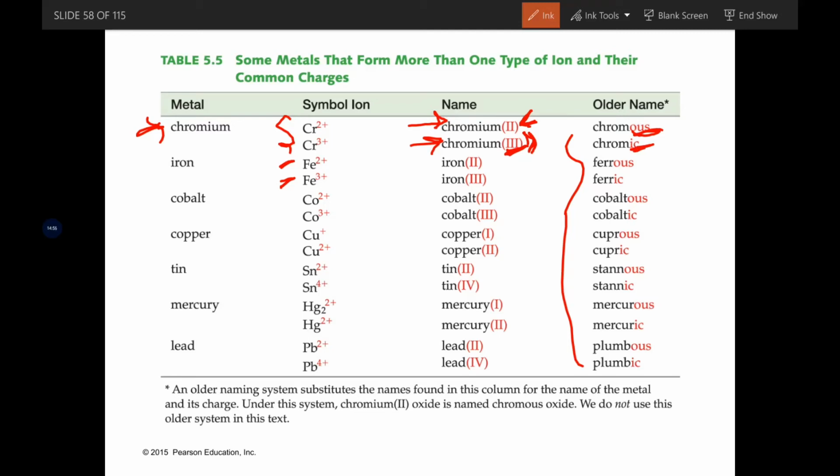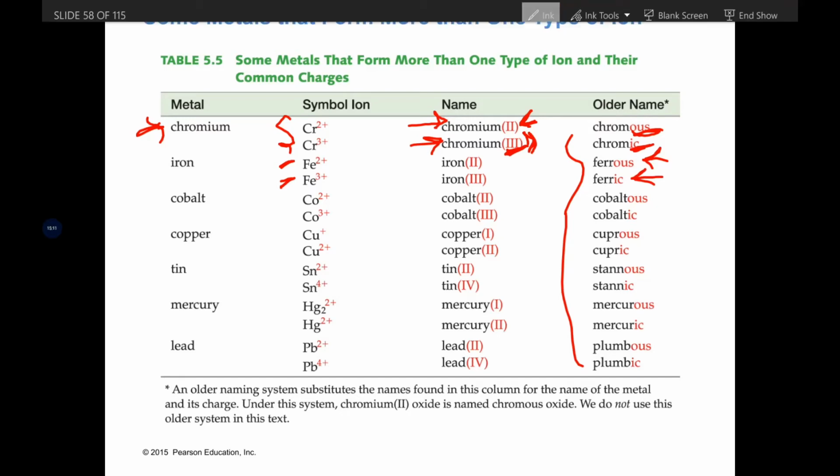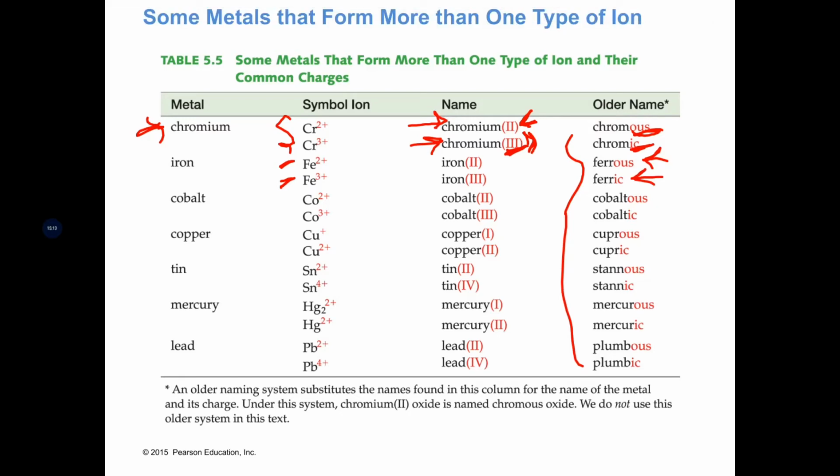So for chromium 2, it'll be called chromous. For chromium 3, we call it chromic. Same thing for iron: iron 2 is ferrous, iron 3 is ferric. You should memorize that table.